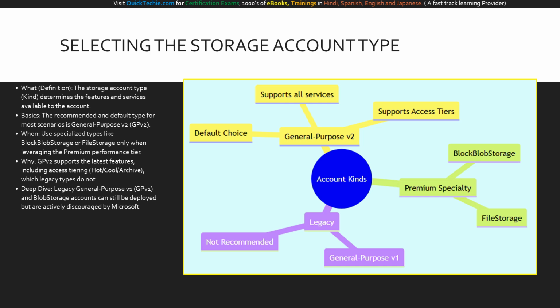Branching to the bottom right, we have our premium specialty types, specifically block blob storage and file storage. Finally, branching to the left, we identify the legacy types like General Purpose v1, clearly marked as not recommended. This mental map should be your guide anytime you are provisioning new storage resources in Azure.